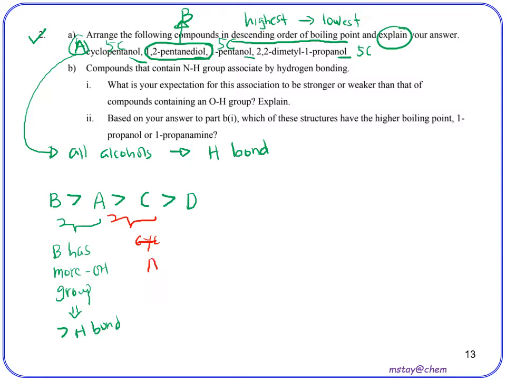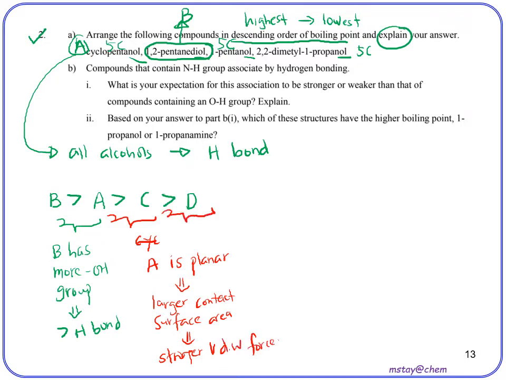Cyclopentanol, which is A, is planar. If A is planar, it has a larger contact surface area, therefore stronger van der Waals force.